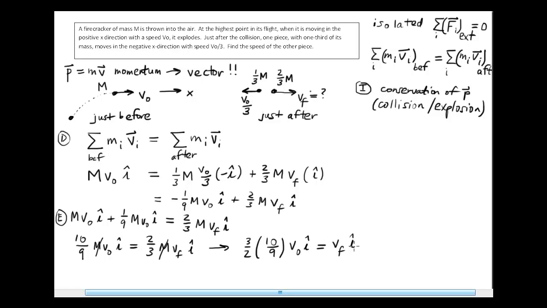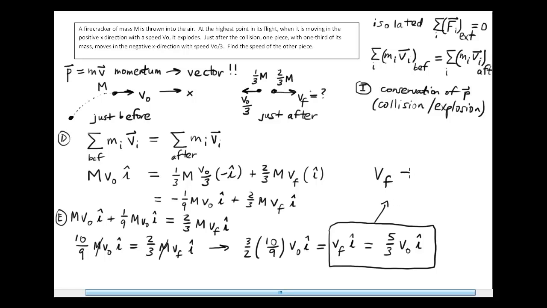There's going to be a factor of 3, so it's 5/3. So this ends up being 5/3 v0 i hat. The final speed, we know the direction is to the right, so if I wanted to just answer the question the way it's stated, the speed v final is 5/3 v0.